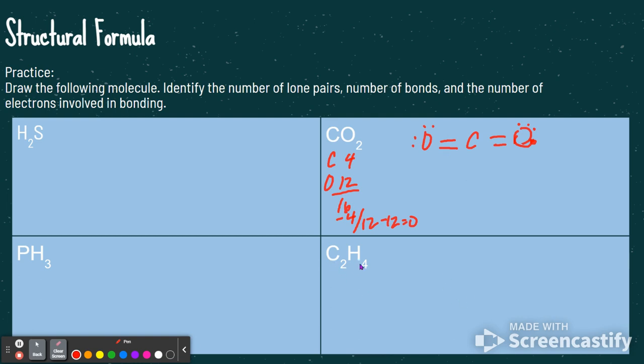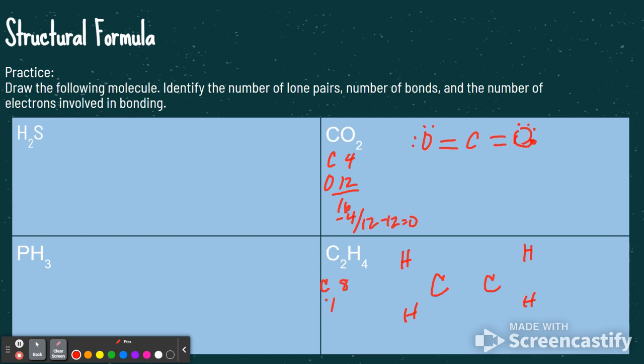Our next one is C2H4. So we actually have 2 central atoms this time. We have 2 carbons. And what I'm going to do here is I'm going to split my hydrogens. So here, here, here, and here. I got to get my count. Carbon is 4 times 2, so that's 8 total.